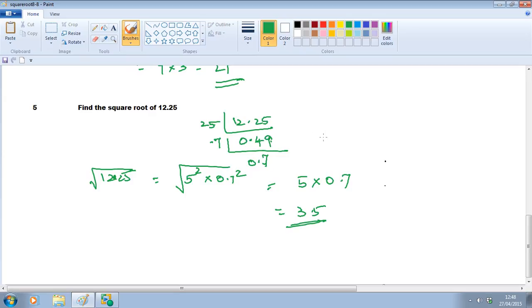With the trial and error method, we have to guess and put it. So we try trial and error. We know 3 square is equal to 9, so 12 is above that. 4 square is equal to 16. So the answer is somewhere between 3 and 4. Instead of 3, you try with 3.3.